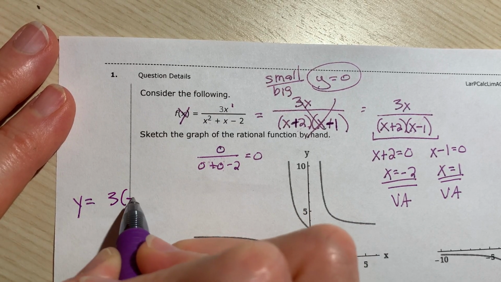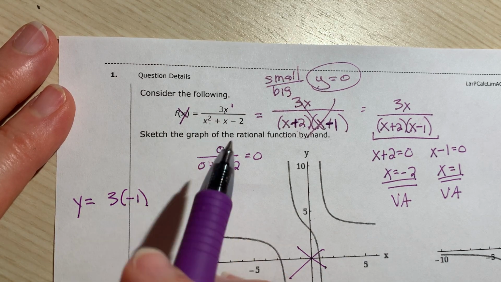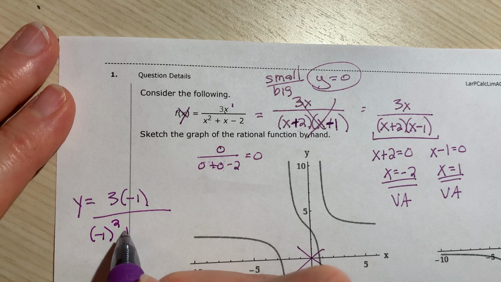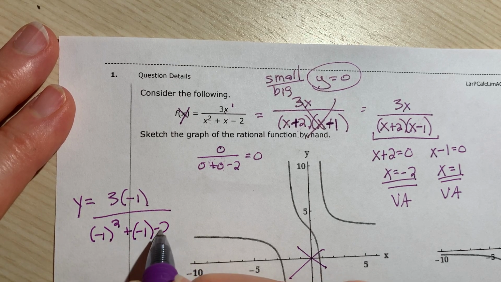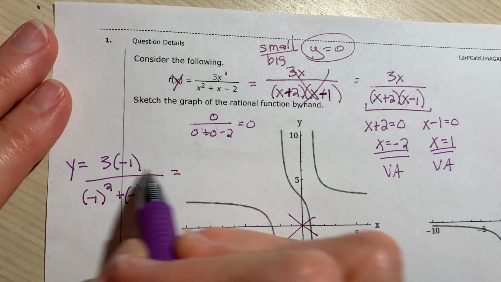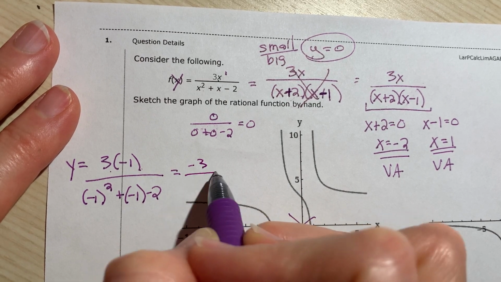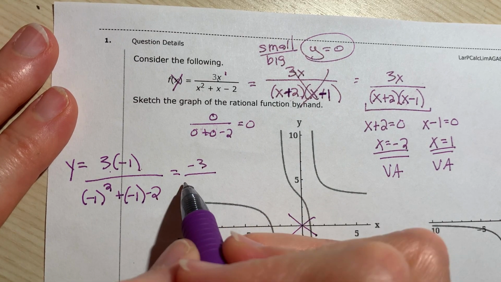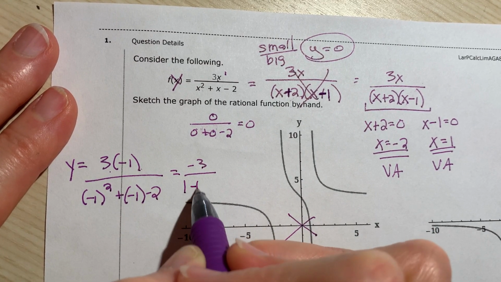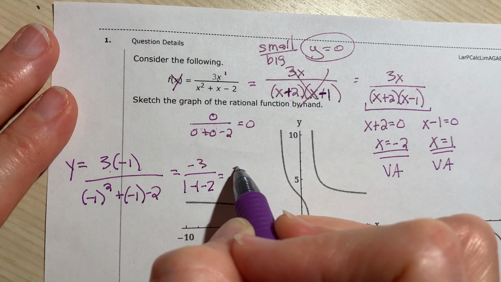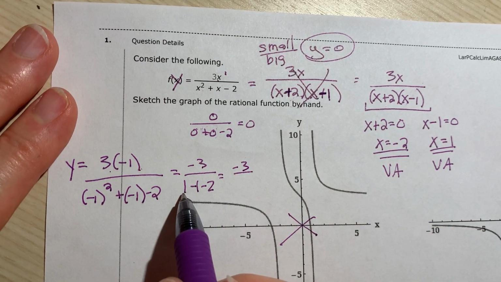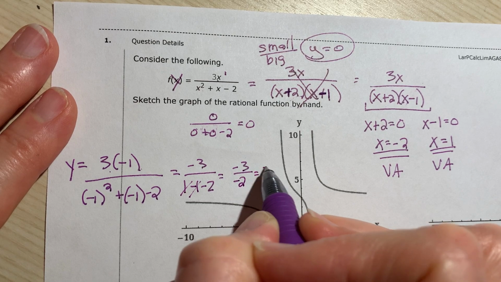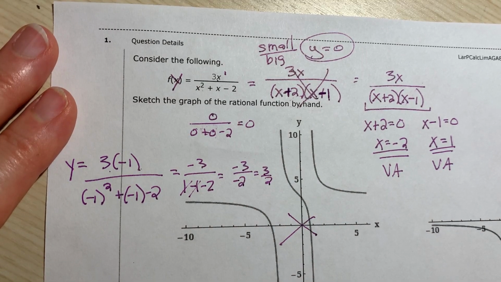So I would have 3 times -1 over -1 squared plus -1 minus 2. So I'm substituting a -1 in wherever there's an x. So on top I'd have -3. -1 squared is 1, minus 1, minus 2. So that would be -3 over 1 minus 1 is 0, minus 2, so -3 over -2. So that would be positive 3 over 2.